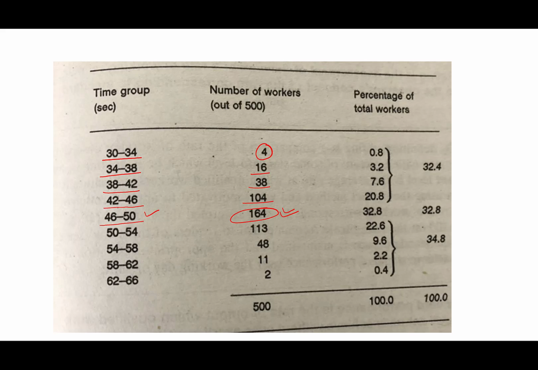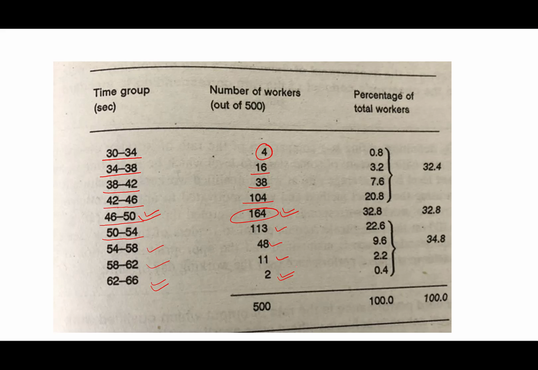Then 50 to 54, 113, then 54 to 58, 48, 58 to 62 seconds 11, and 62 to 66 seconds only 2 workers.